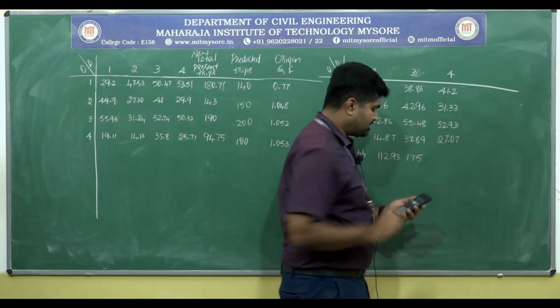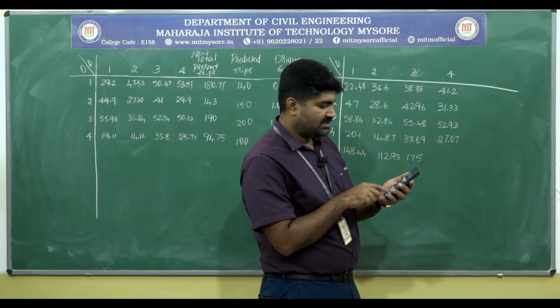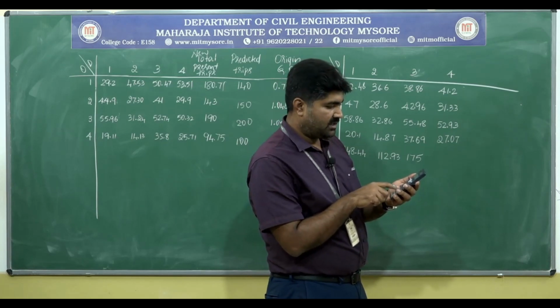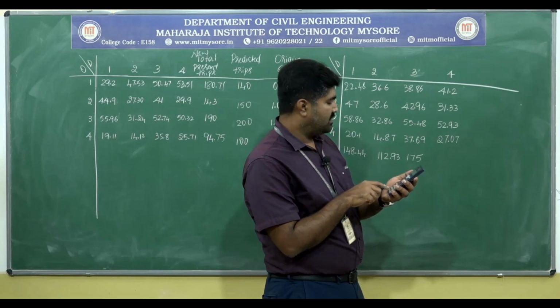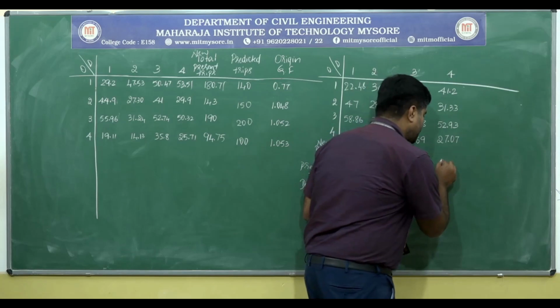We can write it as 175 itself. Next, 41.2 plus 31.33 plus 52.93 plus 27.07, you will get 152.